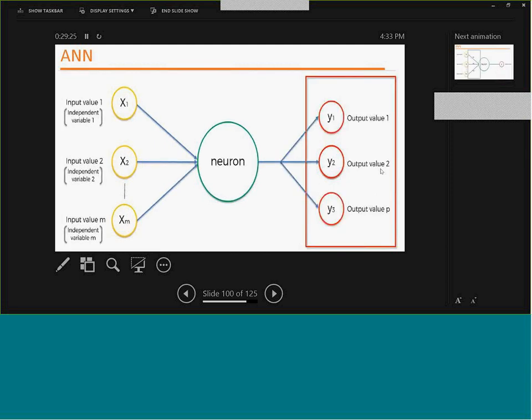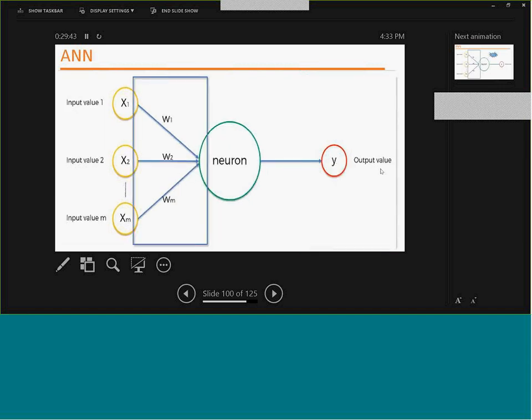Instead of one output, one neuron can come up with multiple output values as well. For example, in this case, this green neuron is capable of creating three different output values, which are passed to the second layer of neurons, which is in the hidden layer.